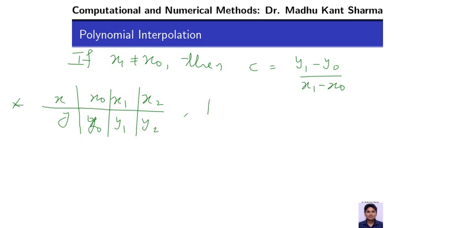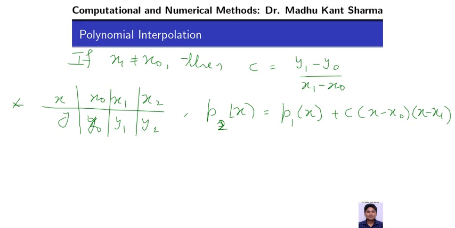So you are going to P2 of x for n equals 2. That is equal to the previous P1 of x plus c times x minus x0 times x minus x1, using the previous points x0 and x1.